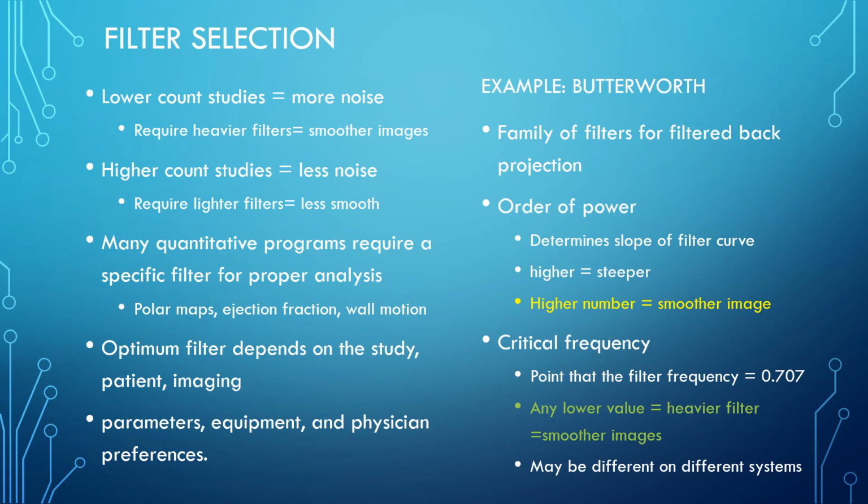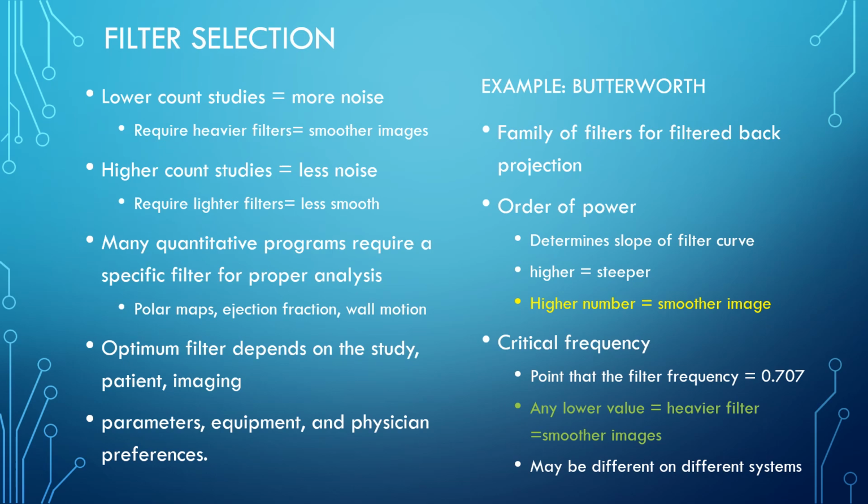An example would be Butterworth. This is a family of filters for filtered back projection that has the order of power determines the slope of the filtering. A higher one equals a steeper cutoff, and a higher number equals a smoother image.